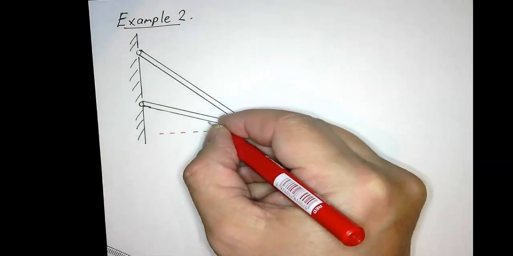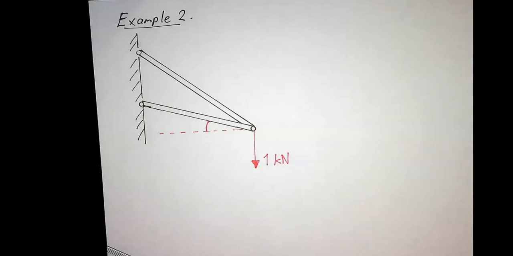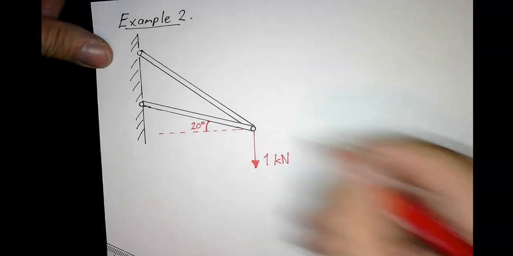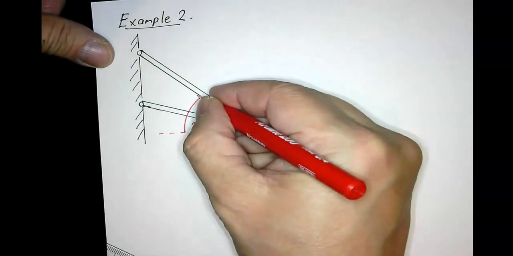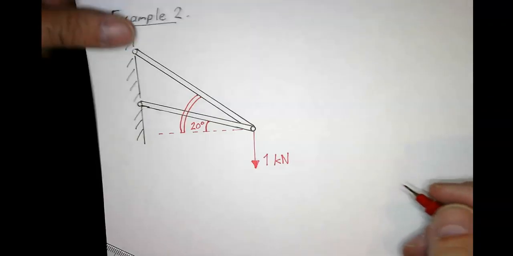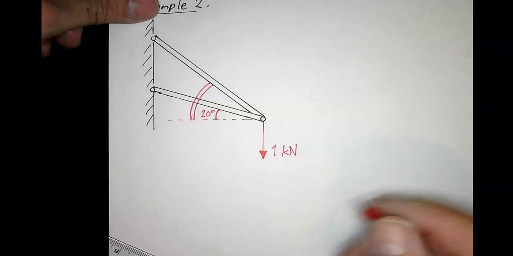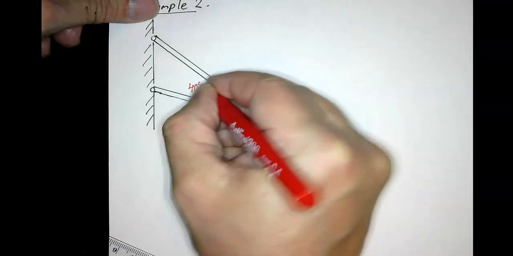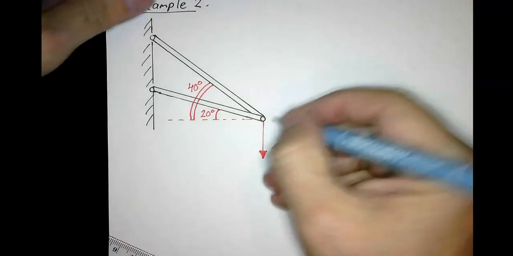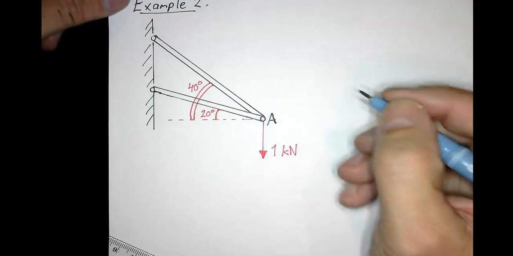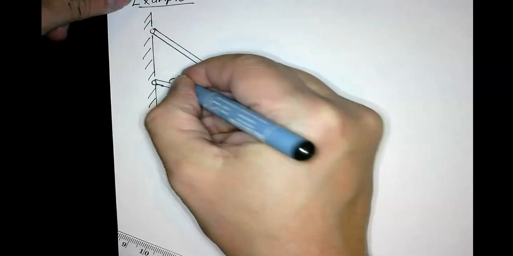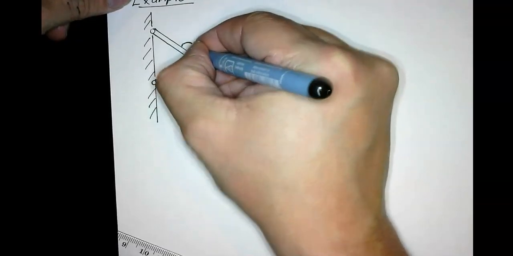This angle will be, let's say, 20 degrees, and this other angle, let's say that is 40 degrees. And this is again point A, and let's say this is bar number 1, and this is bar number 2.